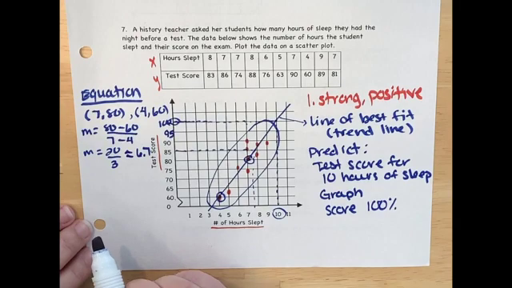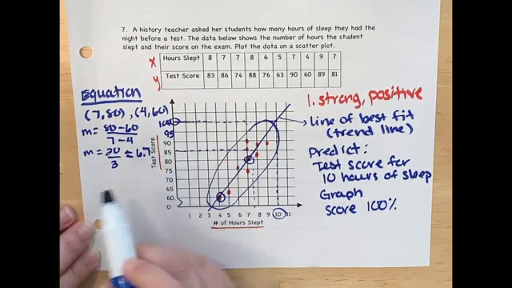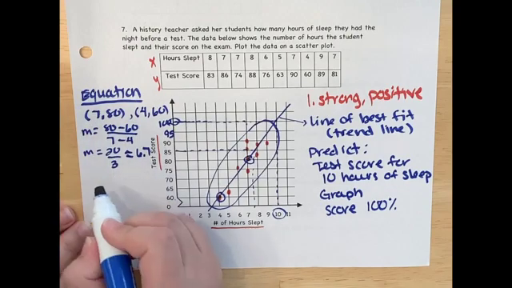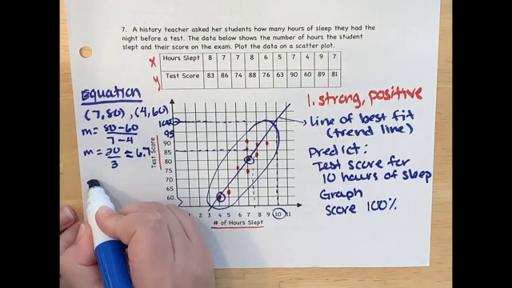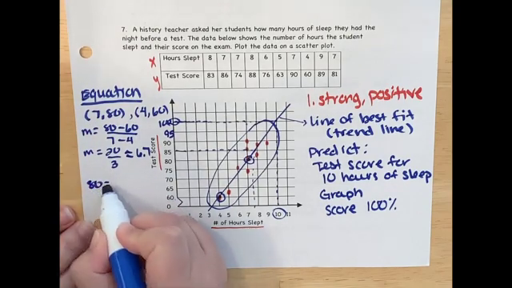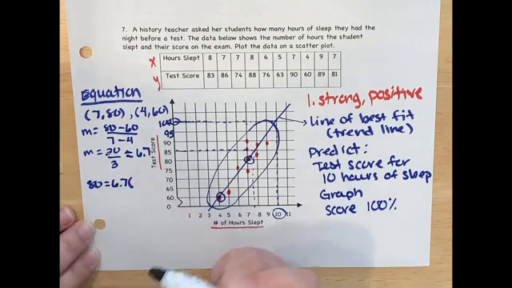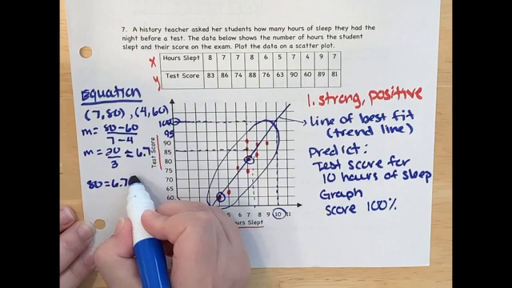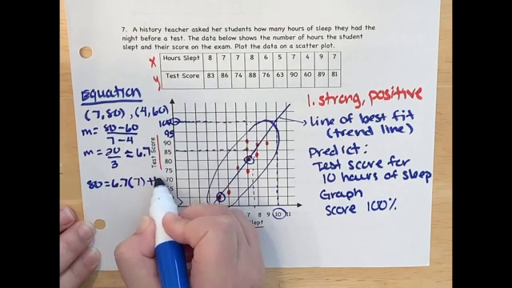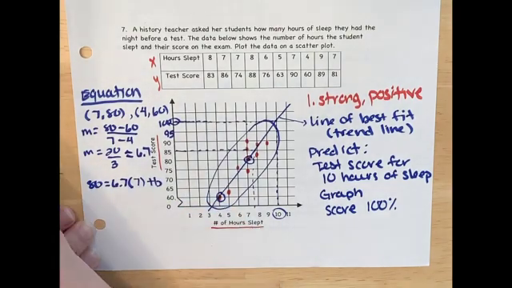Okay? Now, we also need to find the y-intercept. So I'm going to use the slope. I'm going to use my first point. I'm going to plug it in. So y is 80, which equals m, which is 6.7, times x, which is 7, plus b. And when I solve this, 6.7 times 7, remember this is all an estimate.